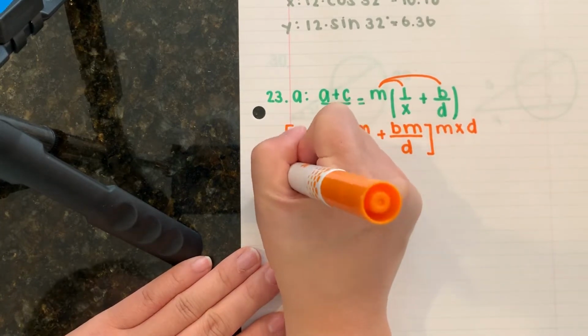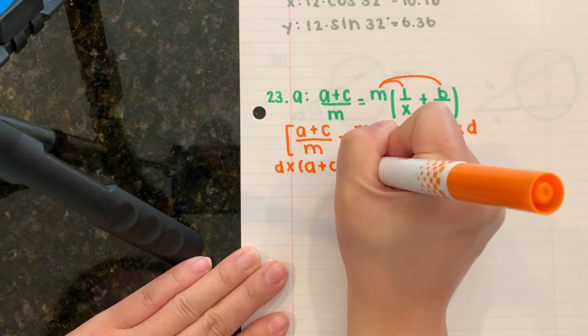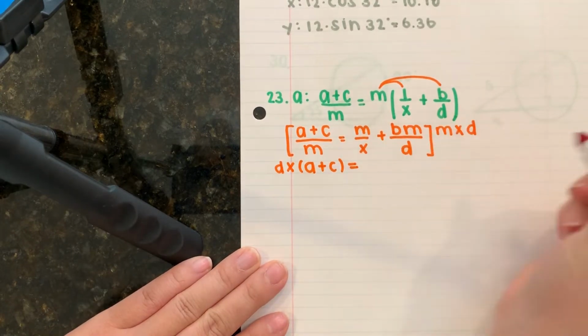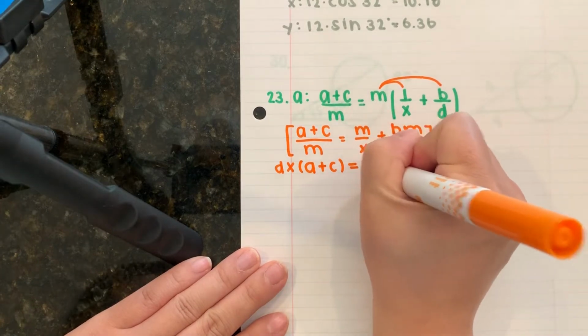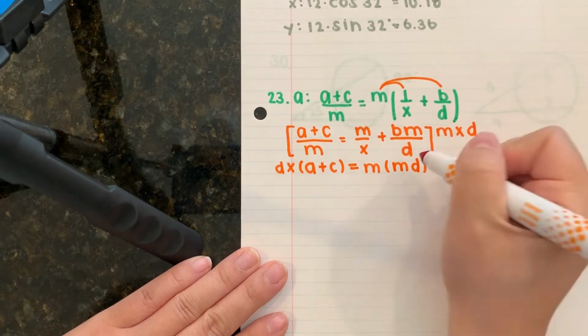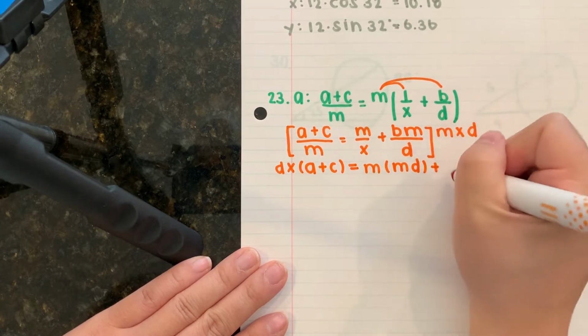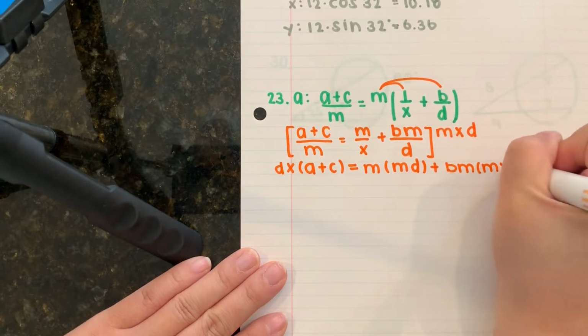So dx times a plus c equals, when I multiply this fraction, I would just have to multiply it by m and d. So that would be m times md. And then for this last fraction, the d's would cancel, so I'd have to multiply the bm by mx.